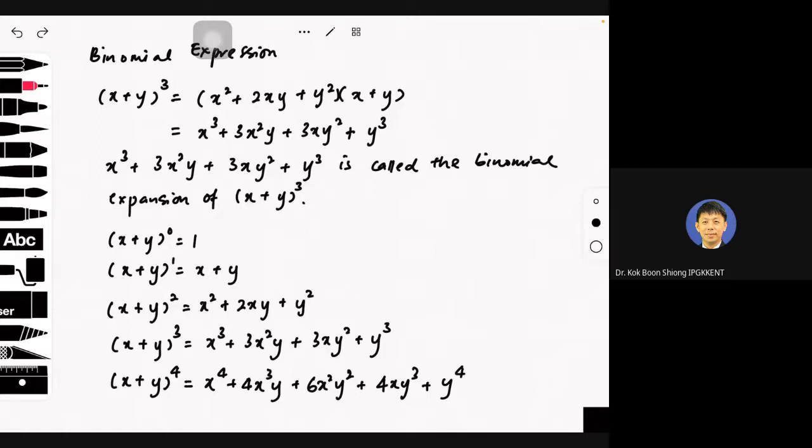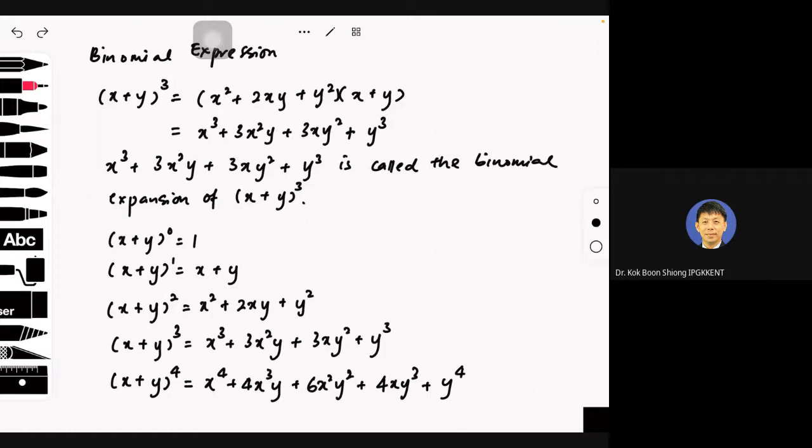When we expand, it becomes x cubed plus 3x squared y plus 3xy squared plus y cubed. The sum x cubed plus 3x squared y plus 3xy squared plus y cubed is called the binomial expansion of (x+y)^3.